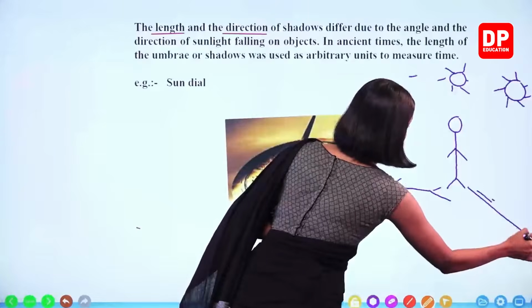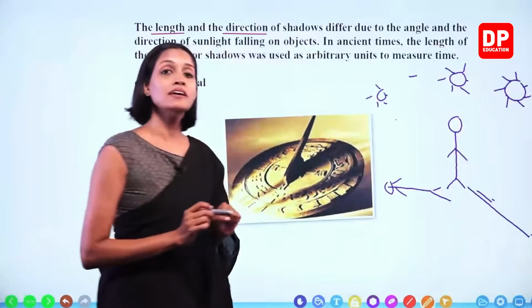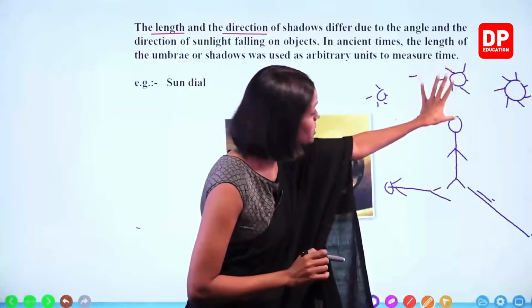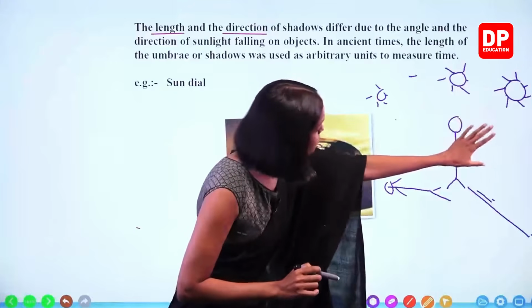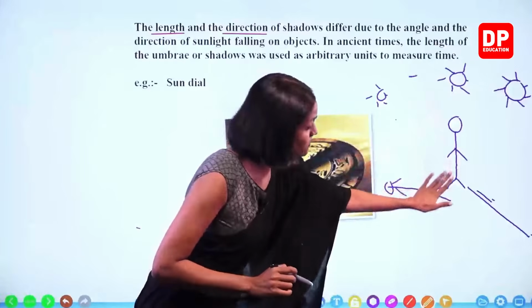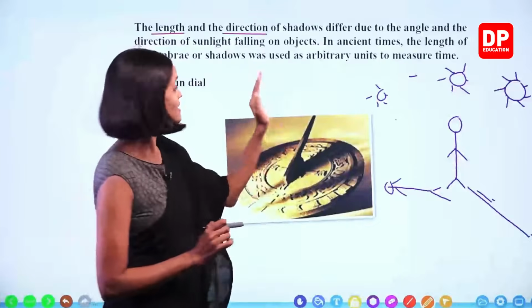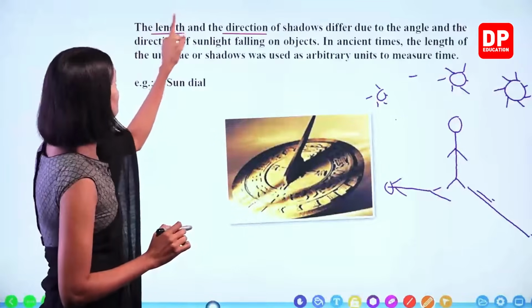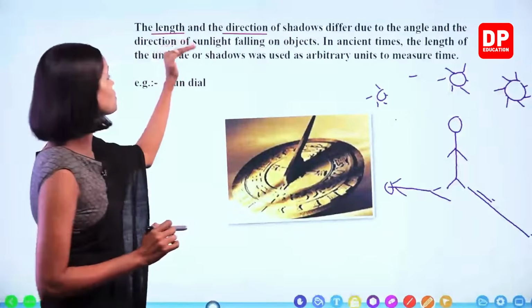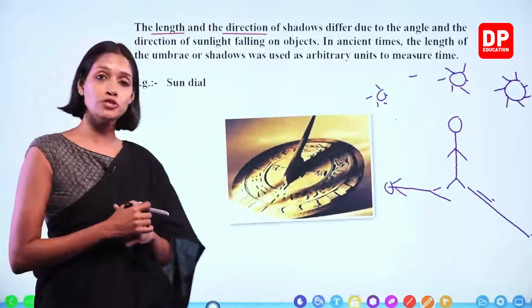The length of the shadow increases. Right, children? So at noon, what happens? A shorter shadow is formed. In the morning and in the evening, the shadow length is longer than at noon. Okay, children? That is why the length and the direction of shadows differ due to the angle and the direction of sunlight falling on objects.